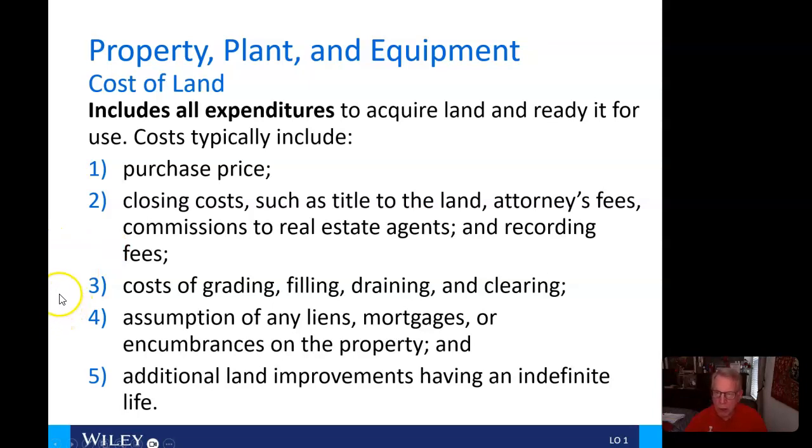Those costs are included. And then number 4, if we have to assume any liens, mortgages, or encumbrances on the property from the prior owner. And lastly, number 5, additional land improvements having an indefinite life. Now, those land improvements we're not going to depreciate them if they have an indefinite life.